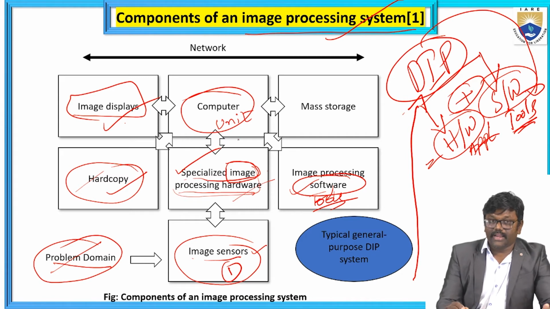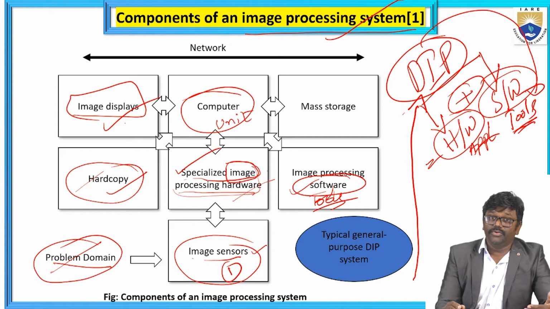Next, another type of component: when the computer unit processes the complete solution of the problem in the specialized image processing system hardware we are developing, it depends 100% on another important component, called mass storage.